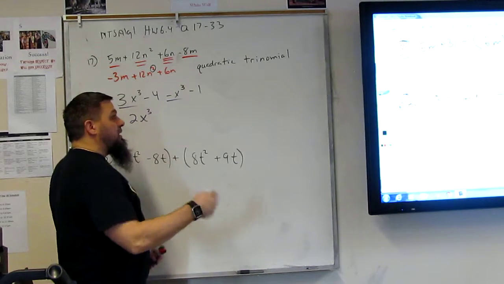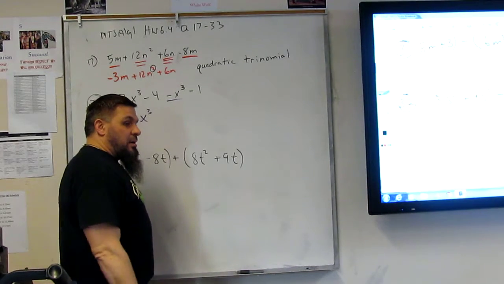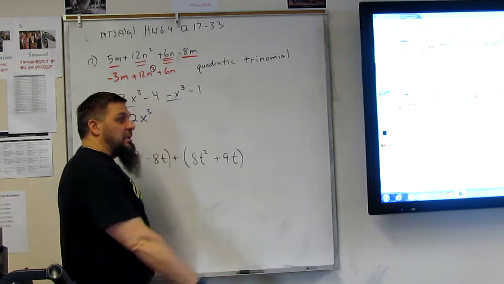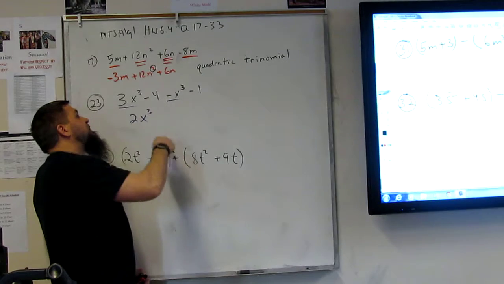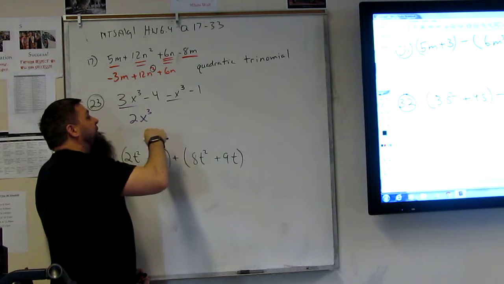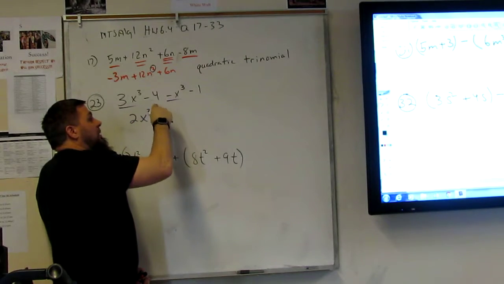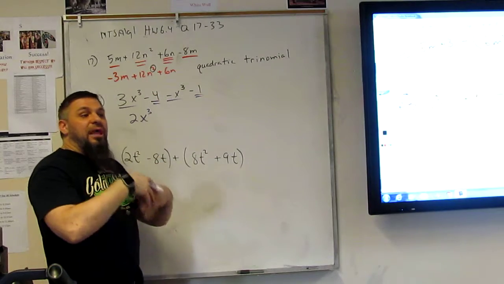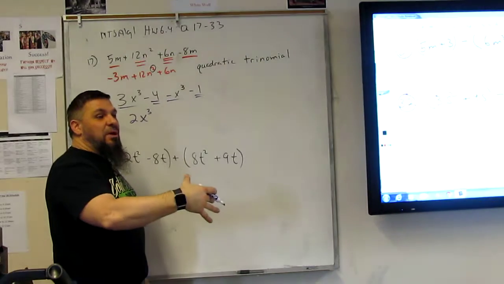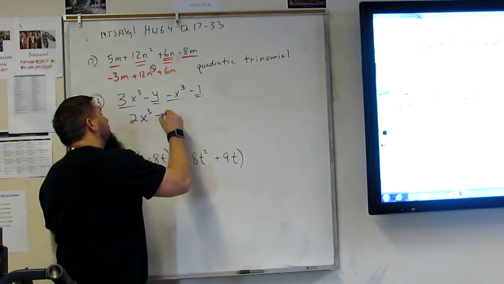So you might want to be getting your notes out. Here's another piece of paper. Alright. So then I'm going to take these: negative 4 minus 1, negative 5.